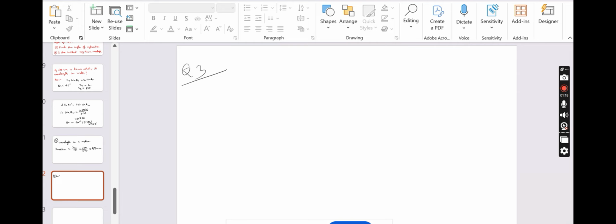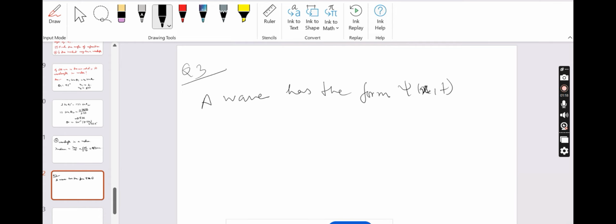Then a type of question is: a wave has the form psi(x, t) equal to A sine 2 pi (t minus kx).